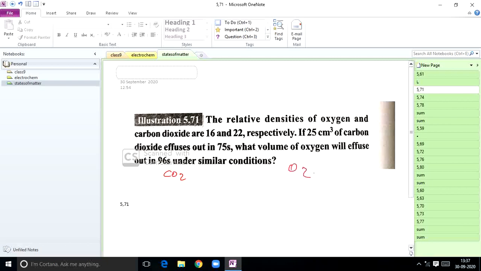oxygen gas. So from this, volume of carbon dioxide 25 ml, time taken for the diffusion of carbon dioxide is given as 75 seconds. Volume of oxygen gas diffused, we don't know, I am taking it as V. And time taken for the diffusion of oxygen gas is given as 96 seconds.